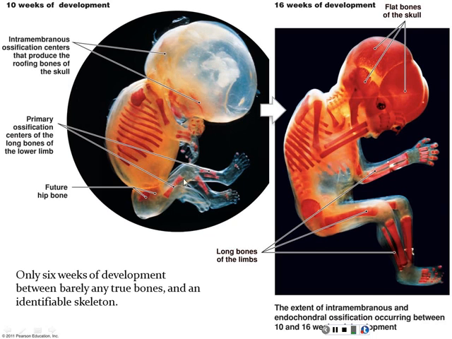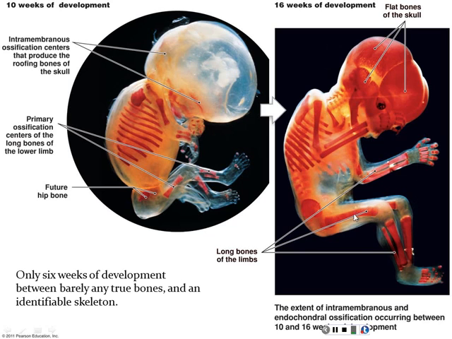What we're seeing here in some of the larger bones are the primary ossification centers, those areas on the inside of that cartilage model that are actually being transformed into bone. By the time we get to 16 weeks, almost all of the bones of the skeleton are at least identifiable. Now, their shape doesn't look right.